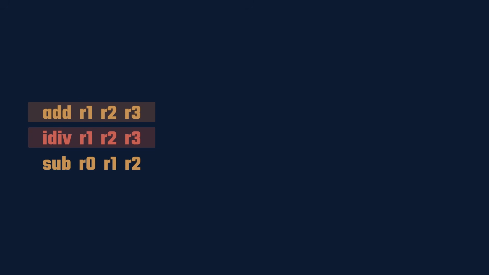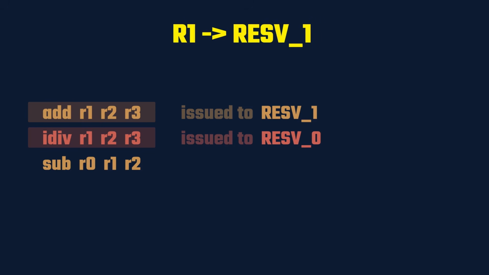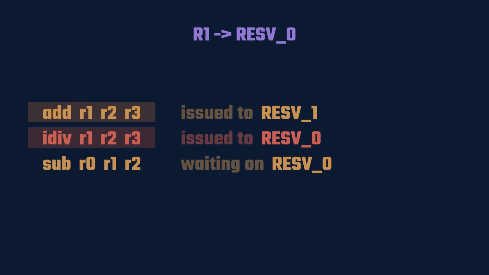For our example, when we come across the first add micro-op, we'll issue it to a reservation station and keep track of a mapping where R1 is associated with the ID of the reservation station. Next, when we issue imul, we'll change this mapping to the ID of the new reservation station instead. Now when the sub is issued, we'll automatically assign the latest tag.